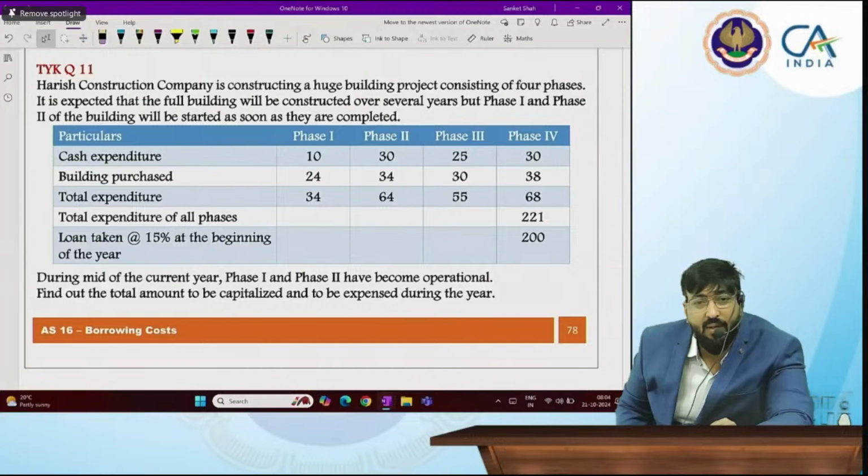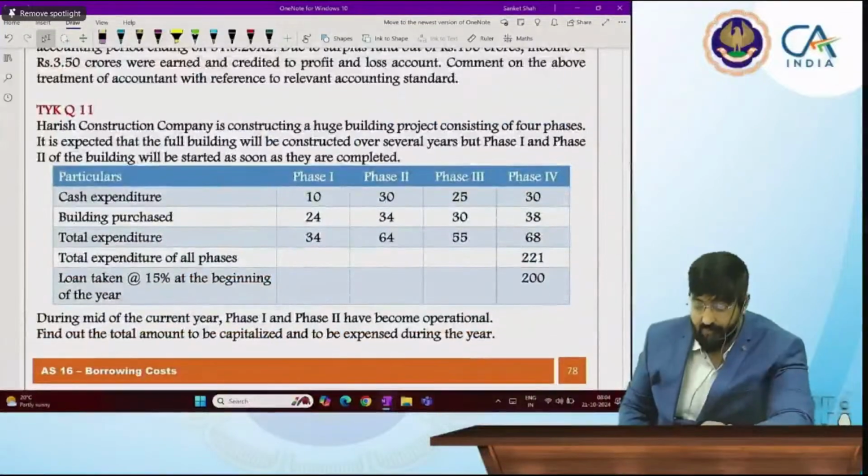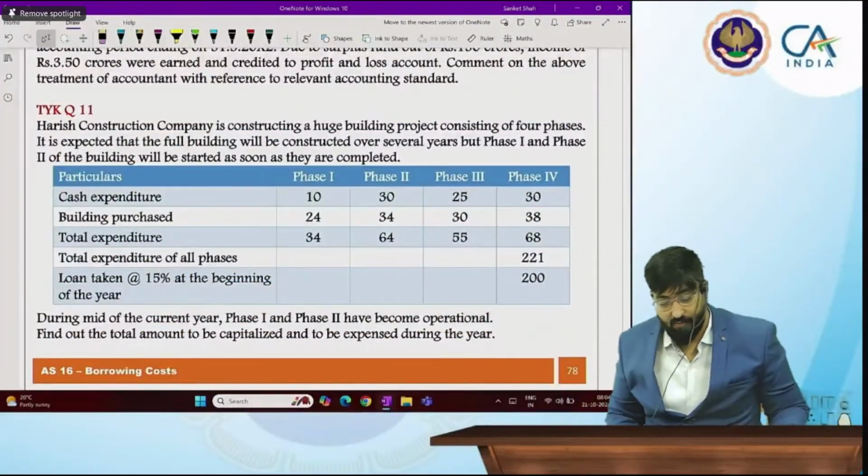During the mid of the current year, phase 1 and phase 2 became operational, meaning they are ready to use, so you should stop recording that expenditure as capitalization. And what is the total expenditure that you are going to capitalize? Very simple.